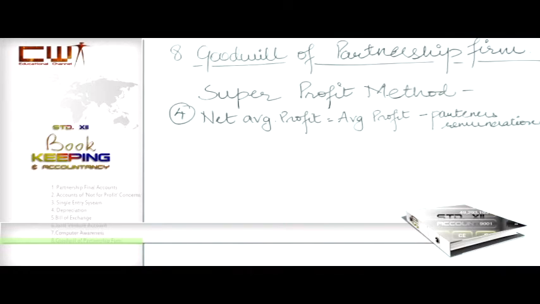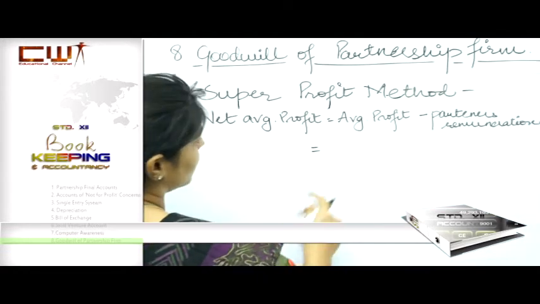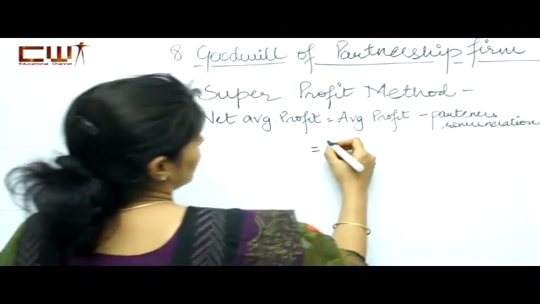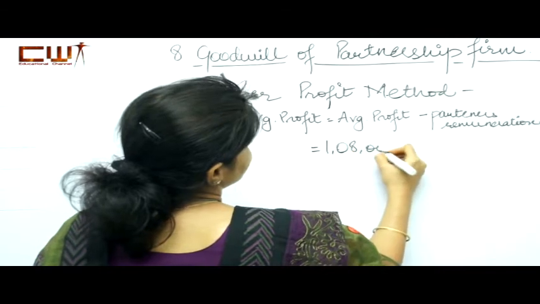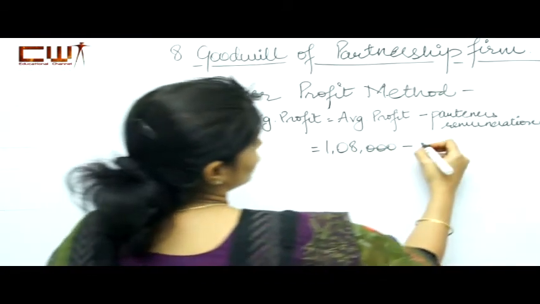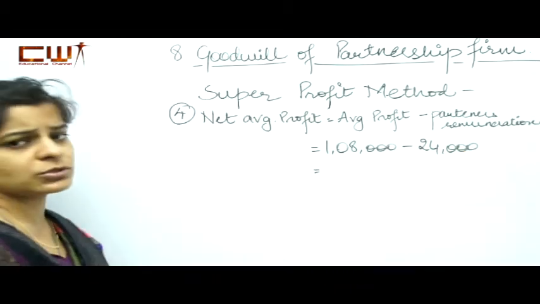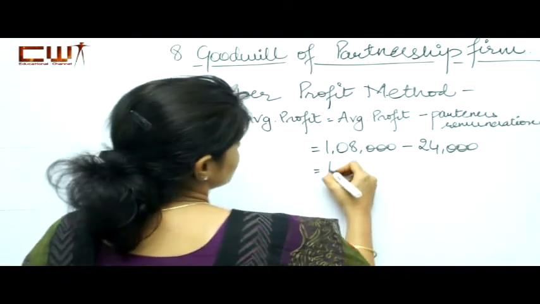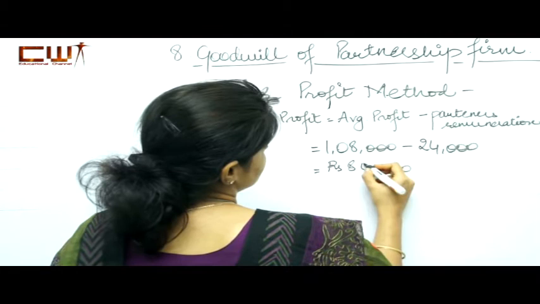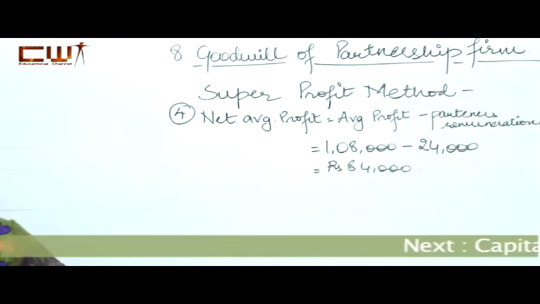So what is the net average profit now you have got? The average profit is 1,08,000. And what is the partner's remuneration? 24,000. Right? So 1,08,000 minus 24,000 will be rupees 84,000. This is the net average profit that is given to you.